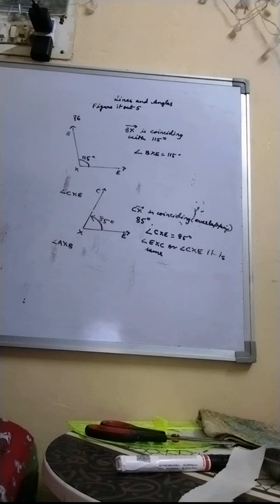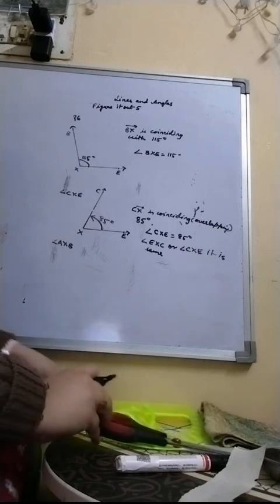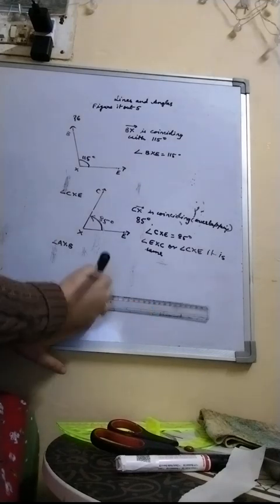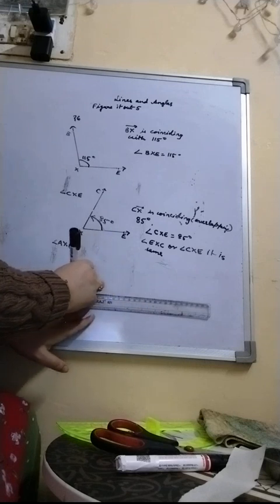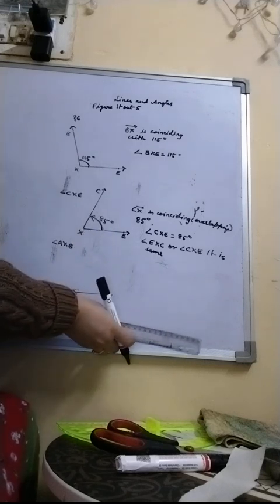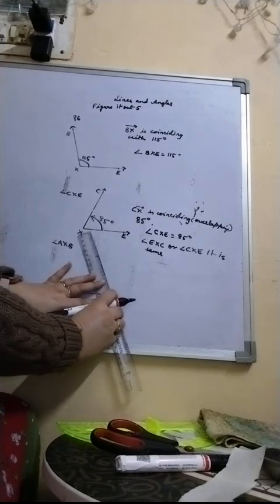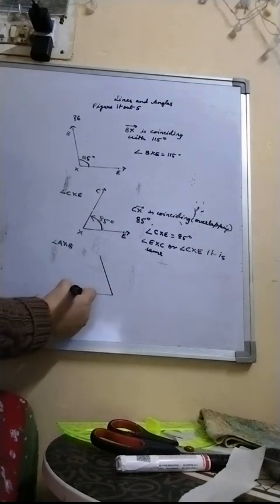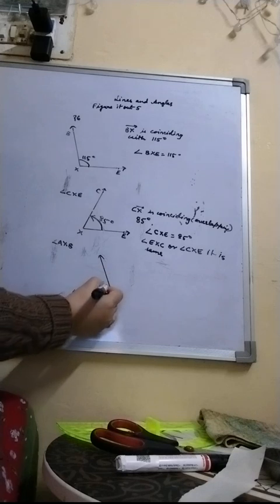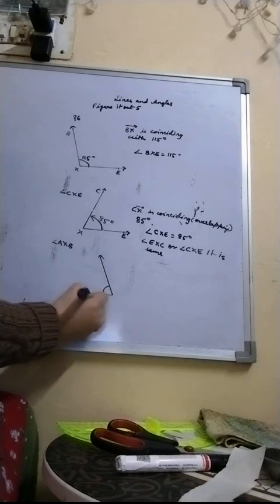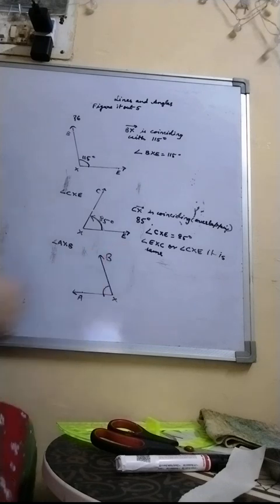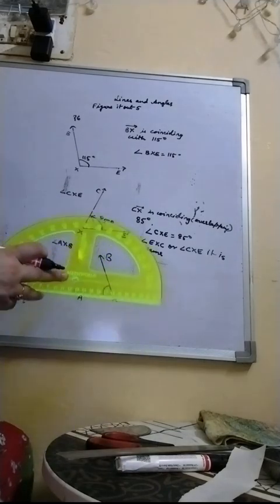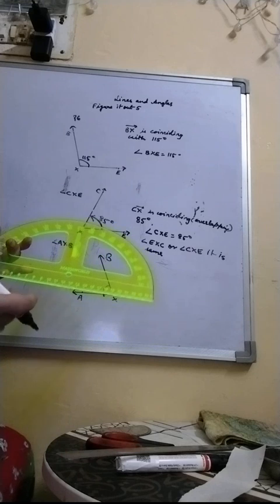Angle AXB. Now angle AXB has one of the rays on the left hand side. So now your protractor reading would start with the ray which is coinciding with the zero line.